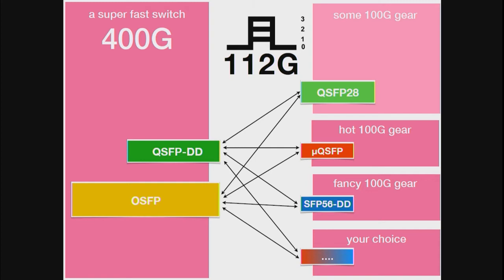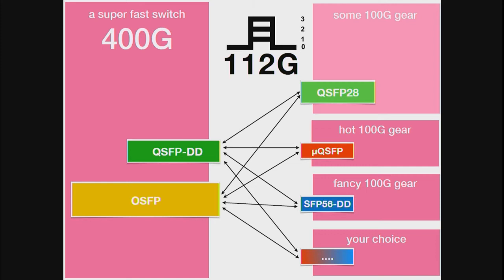But from the application point of view, it is interesting how you can connect later on legacy 100 gig gear, which is already there, the QSFP28. That's doable connecting to a 400 gig transceiver when we are at the stage of enabling 112 gig on the optical layer. So this QSFP-DD or OSFP can do 4 times 112 gig, ending up at 400 gig, and you can fan it out to all kinds of even new 100 gig form factors.